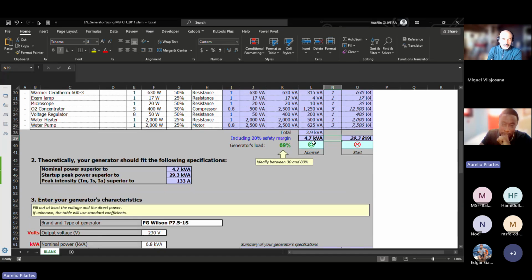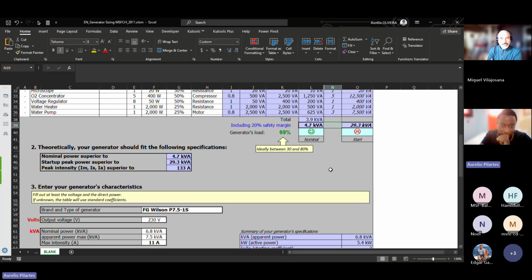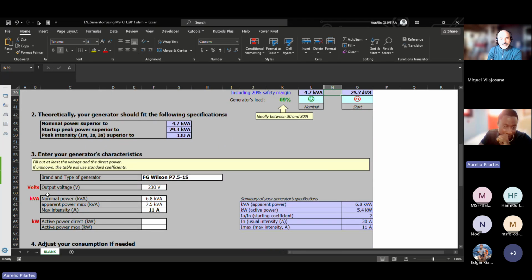If you have 4.5, let's fill here to see which generator will better fit the load we have. I have 6.8 here, which was what I chose, but the approach is, I will first take it out.